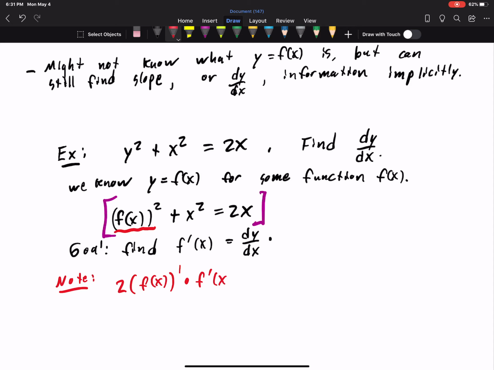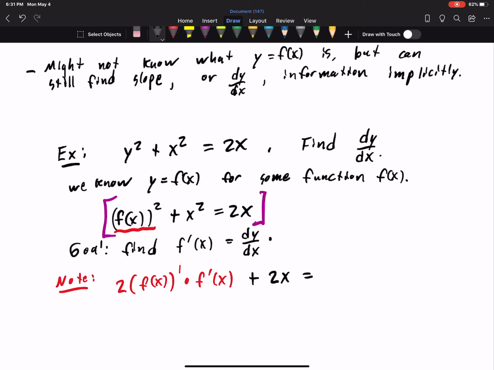So I have f prime of x multiplied, because f prime is the derivative of f of x. So that handles the first term's derivative. Now we need to handle the next guy here, this x squared. That's easy. That's just 2x. And that handles the entire left-hand side.